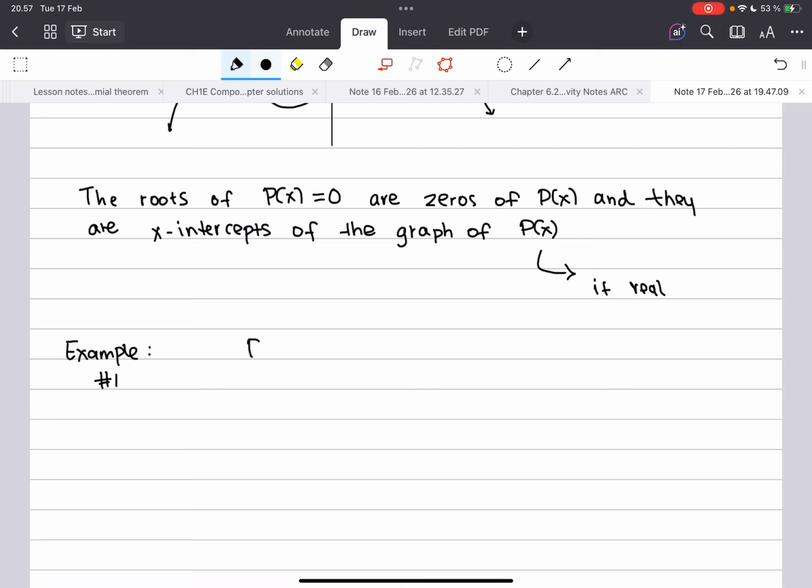Let's suppose that you have the polynomial x cubed minus 2x squared plus x minus 12. And they will ask you, is x equals 3 a root of p of x? In other words, if you substitute x equals 3 in this p of x, will you get 0?